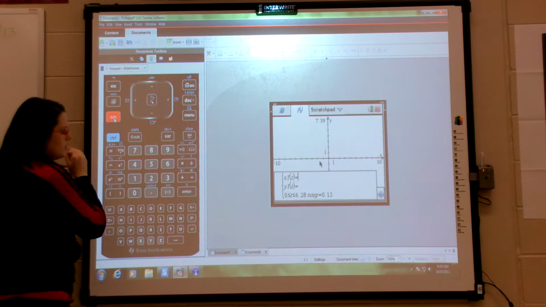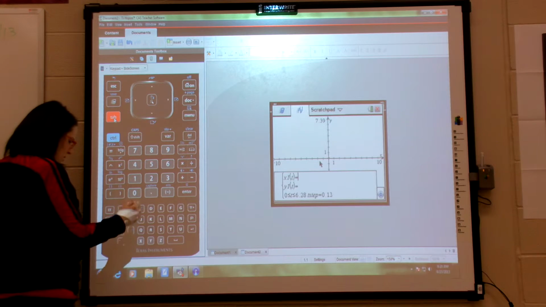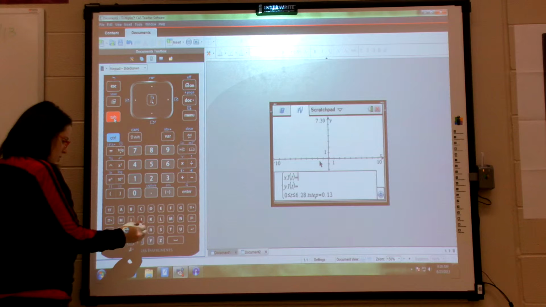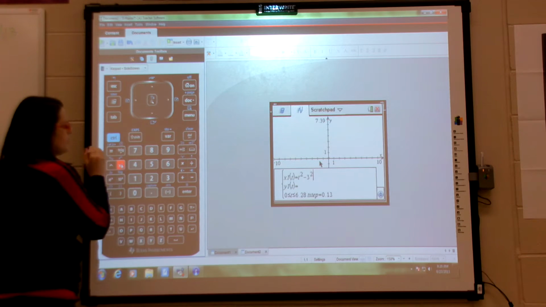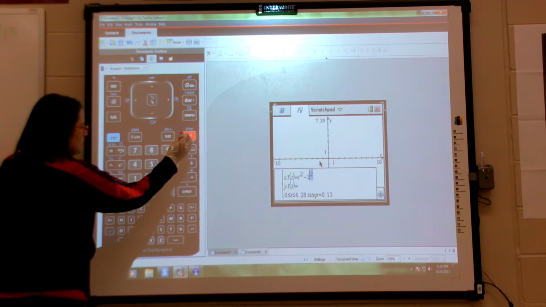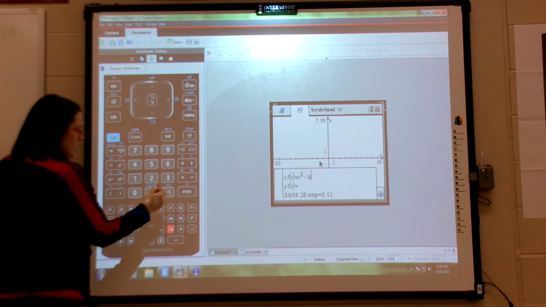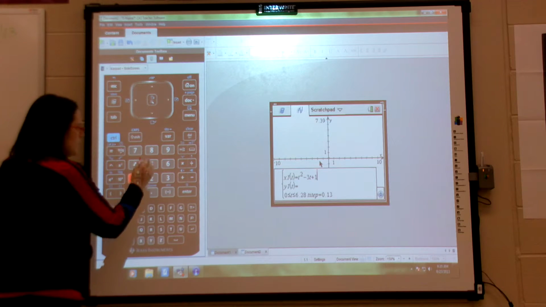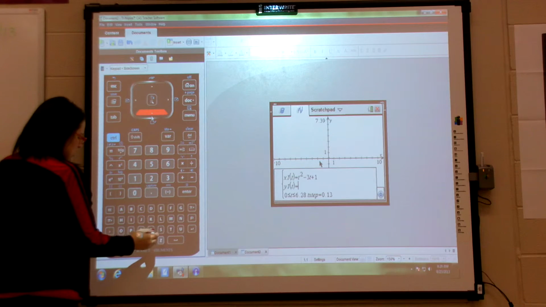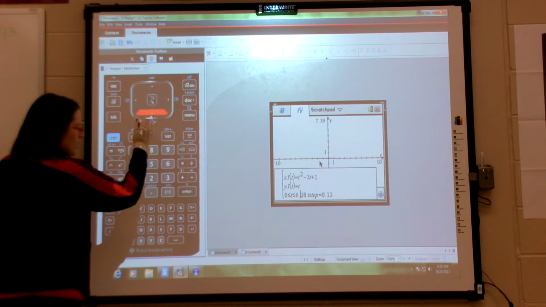Okay. So I'm going to let x be, help me out, what was it? T squared minus 3t plus 1. I want the next one to be t. And it's going to change that back every time.